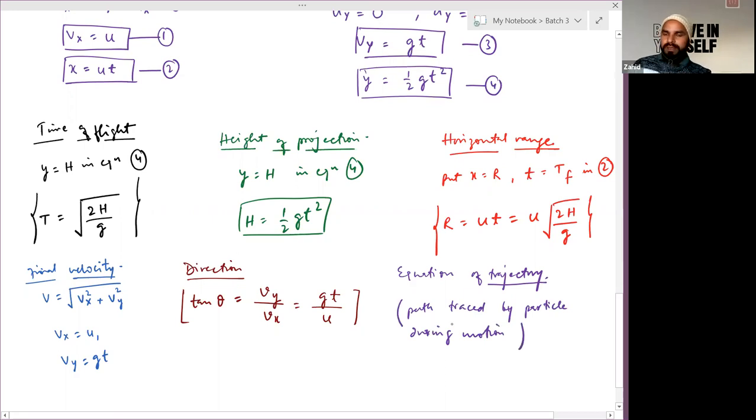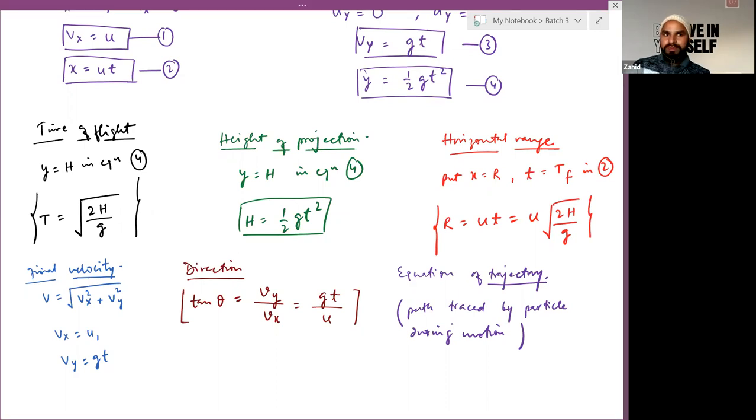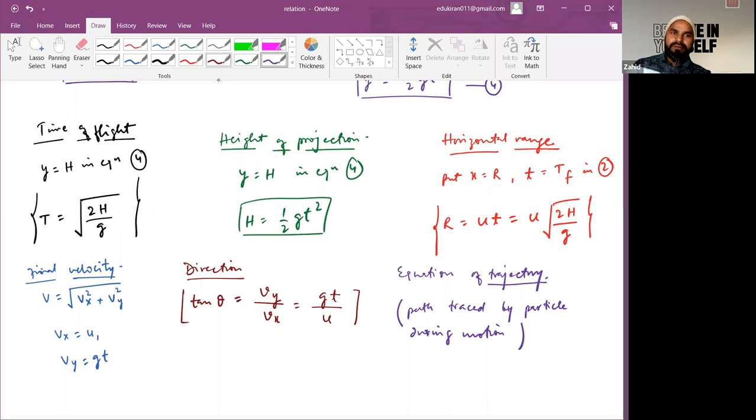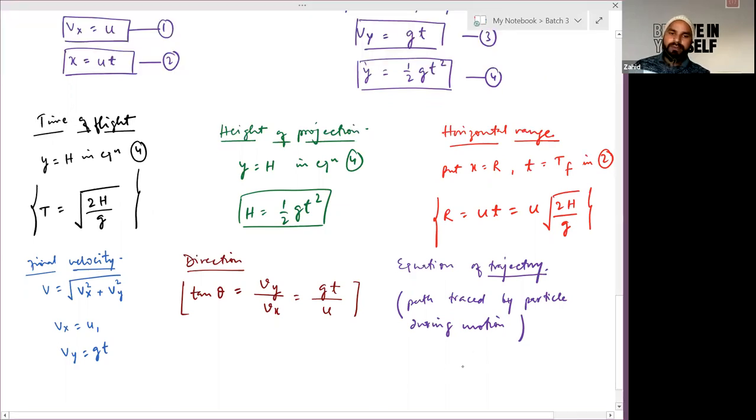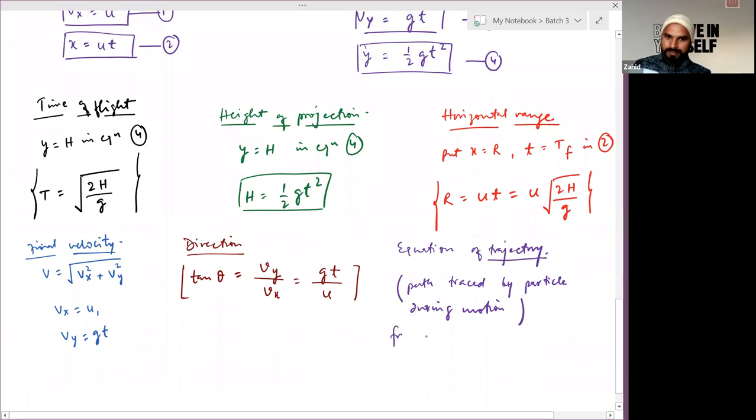To define this path, we have to somehow relate an equation only combining x and y. So in second equation, we have x is equals to ut, and in fourth equation, we have y is equals to half gt squared. If you relate those two terms, you will get a relation between x and y. So from equation 2, t will be equals to x divided by u. Put this in equation 4.